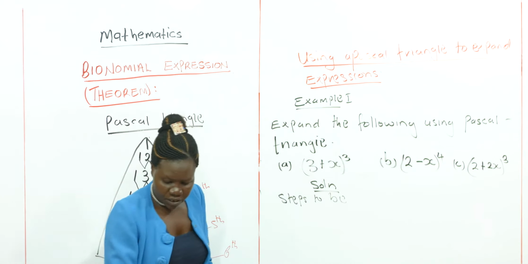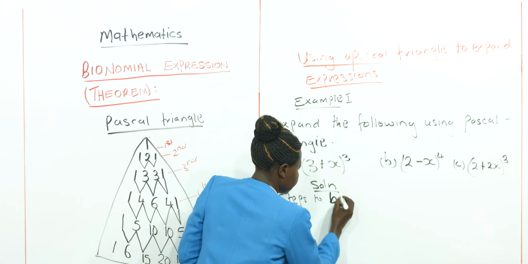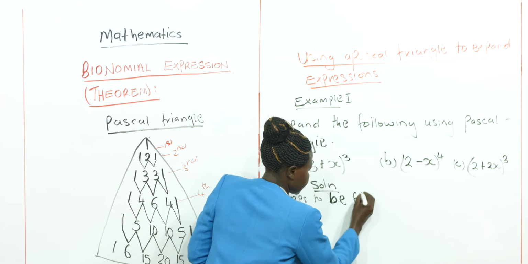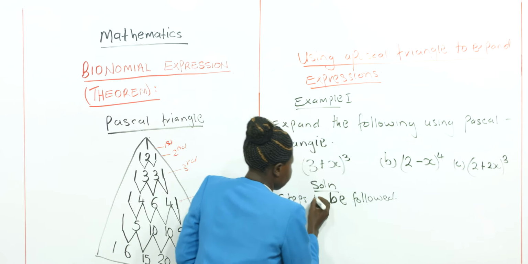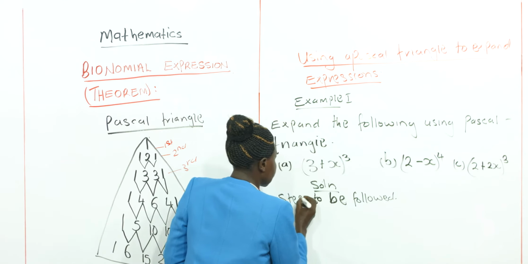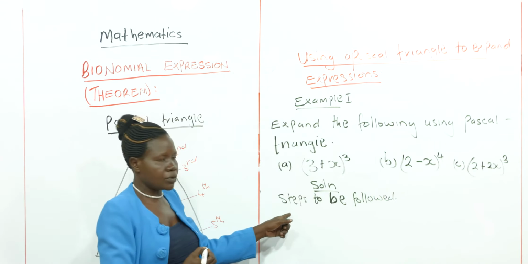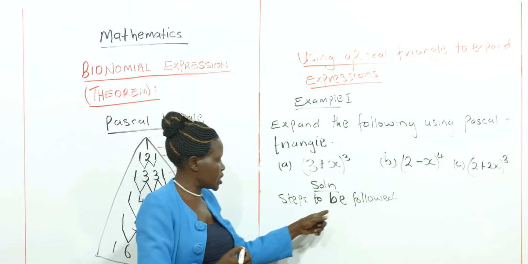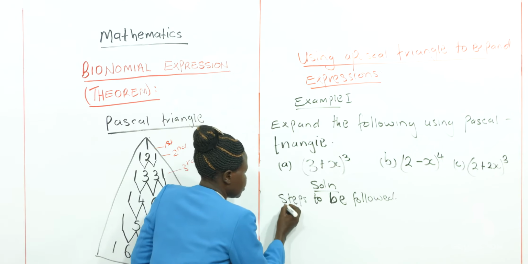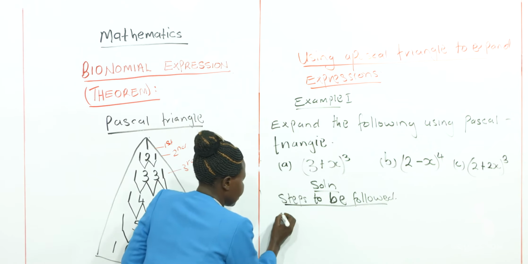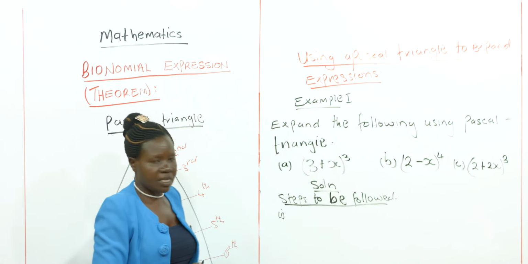So dear learners, this one is very important, though we don't expect them in your examination paper. But you have to take it into consideration seriously. If I'm expanding using the Pascal triangle, what should I do first? The first step that you are supposed to do is select the line of the power given.